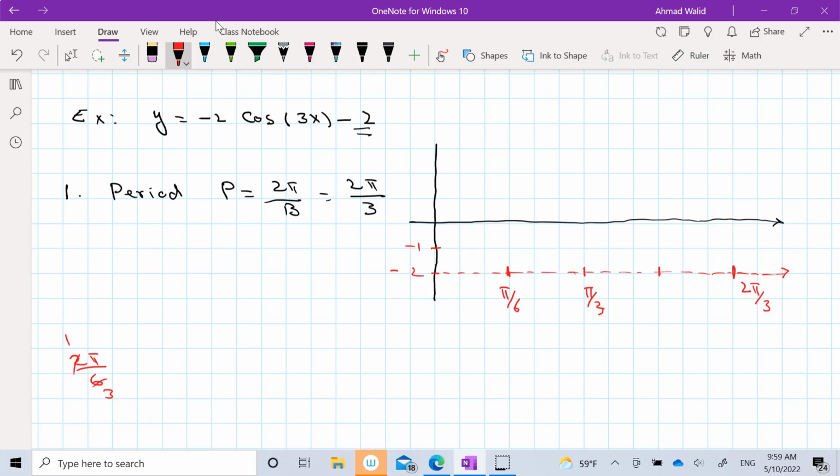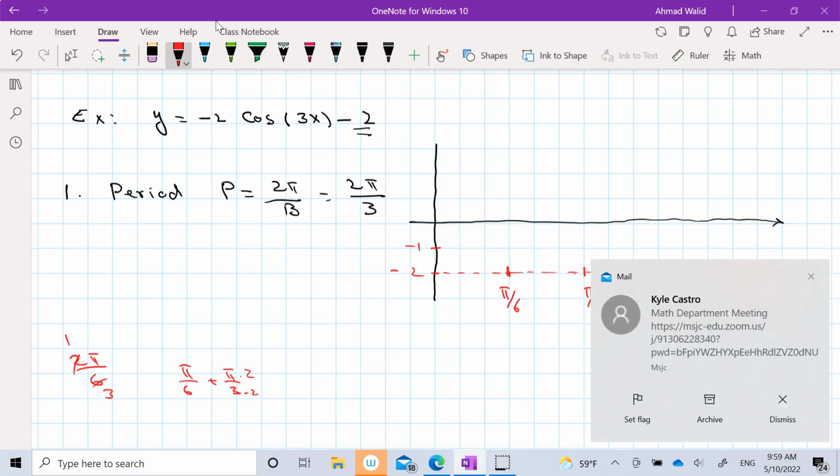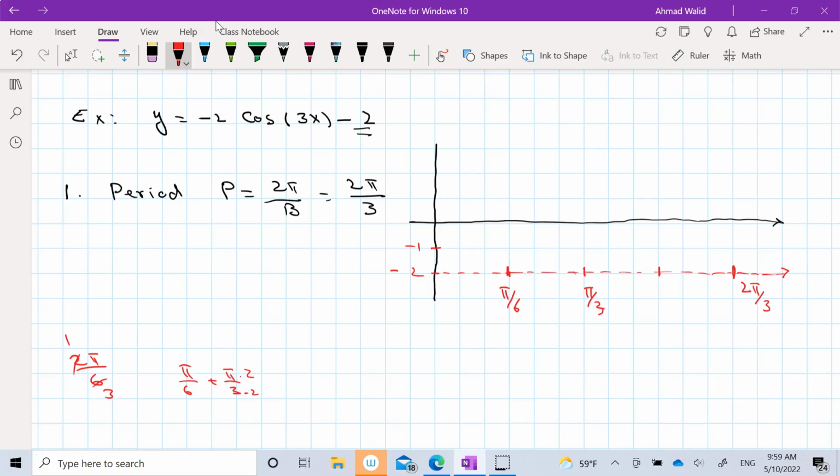And if you add these two, pi over 6 plus pi over 3, you need to multiply by 2 to get the common denominator. It gives you 3 pi over 6, which gives you pi over 2.